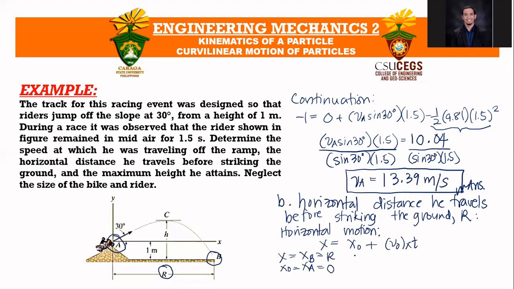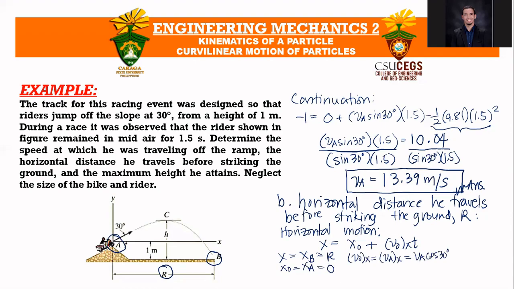The x component of the initial velocity of the rider at point A is equal to VAX and can be found using VA cosine 30 degrees.